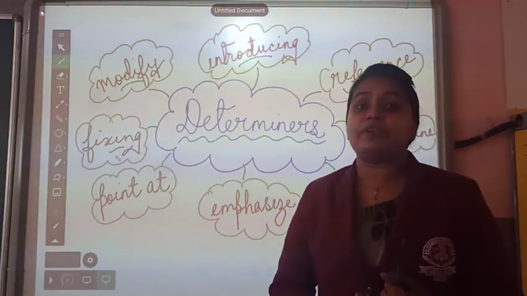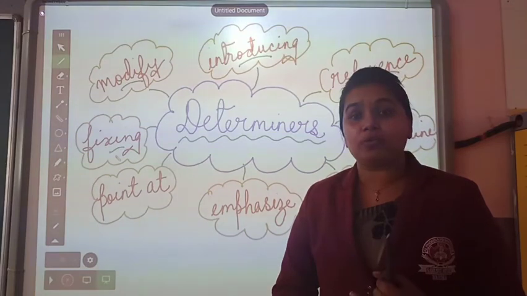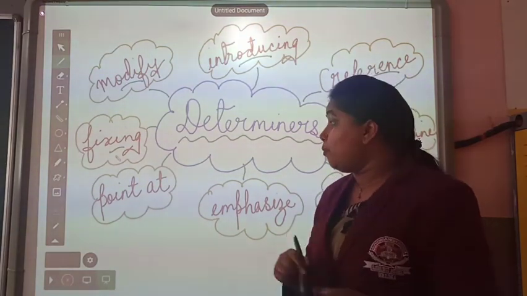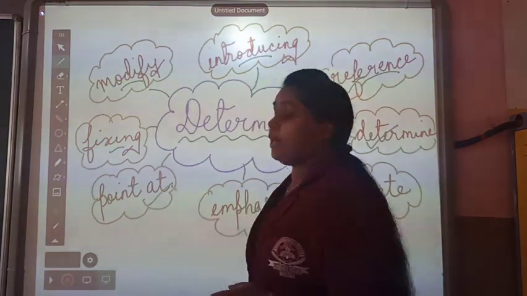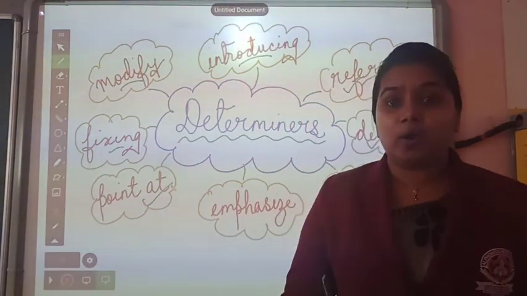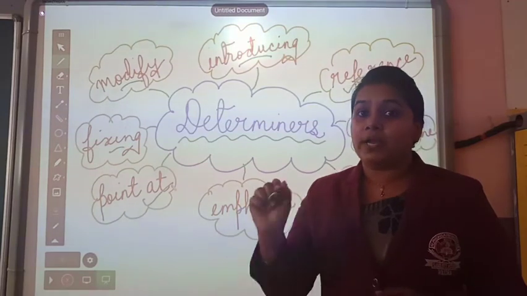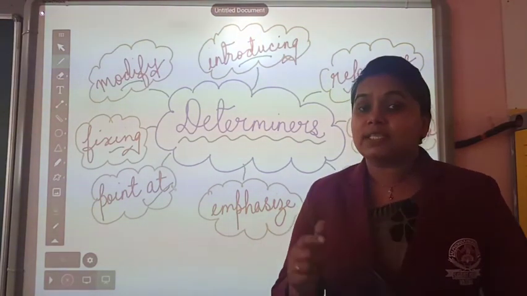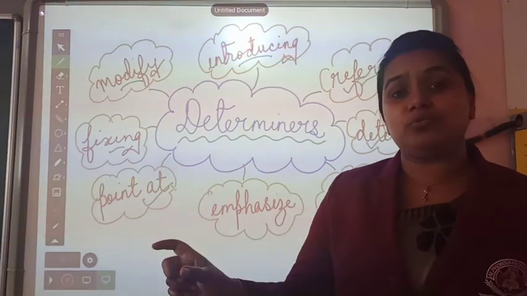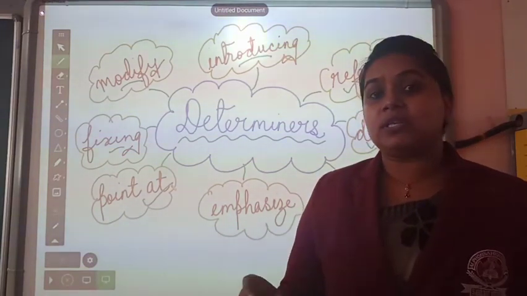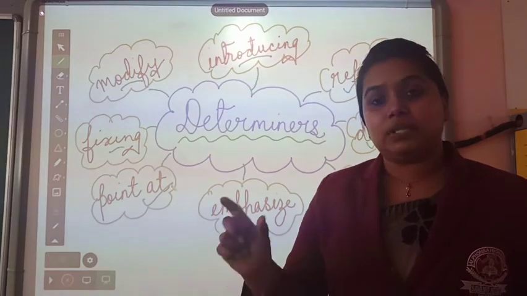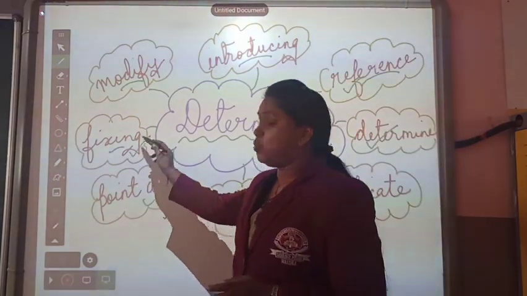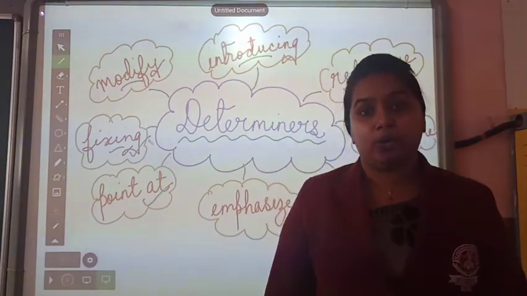They refer to the nouns of which we are talking, pointing out the particular noun, in common or specific, about which we are talking. That is why they help us to fix the nouns. Fixing the nouns here means fixing the objects, persons, and places about which we are talking. That is why they are also known as fixing words.